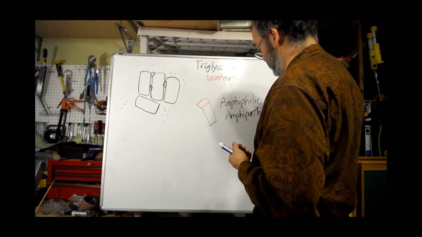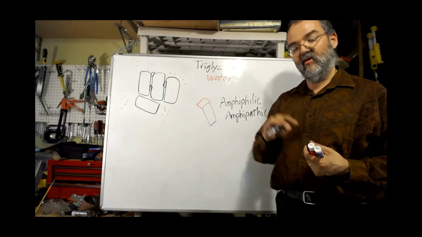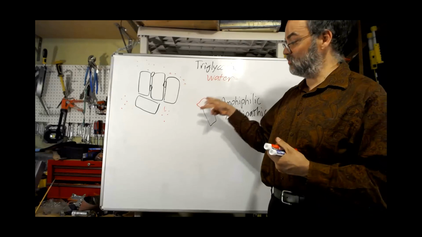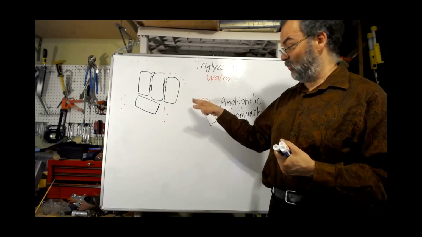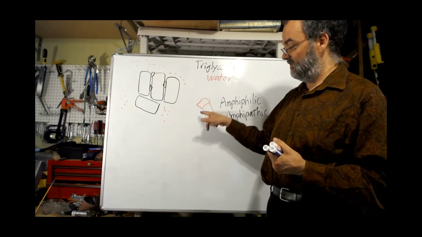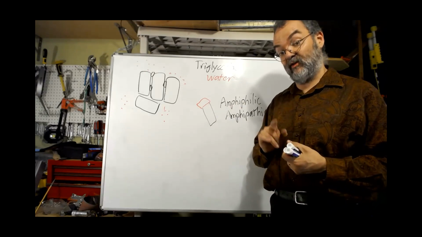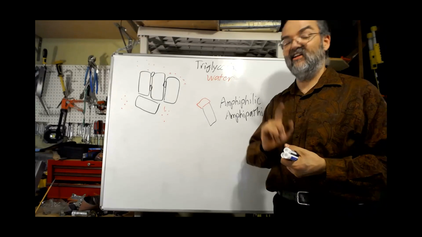Either term is okay with me. Something which has one part which is very hydrophilic and another part which is very lipophilic. Those will behave in an interesting way in water too. This part will cluster with the water, but this part will not. If you put a bunch of those in water, they'll do something interesting. But we're going to get to that next time.